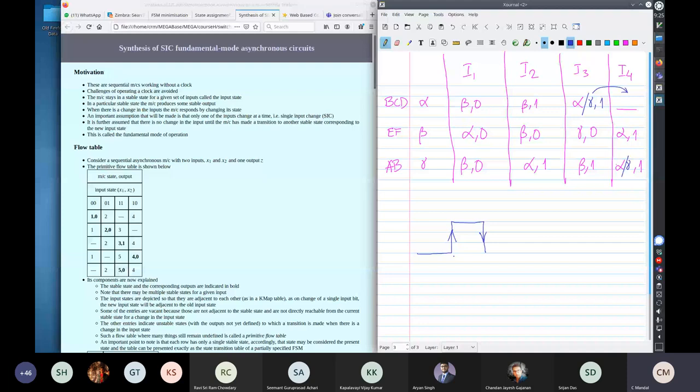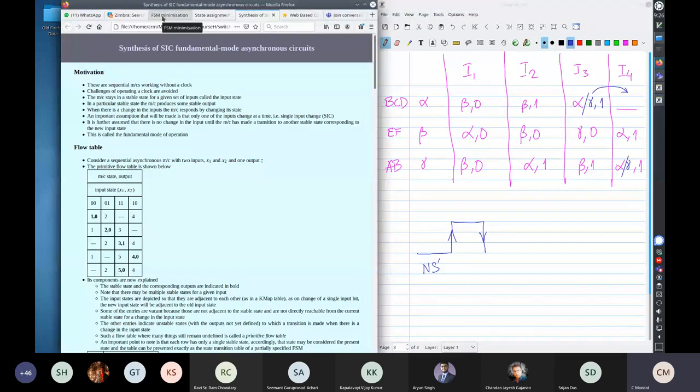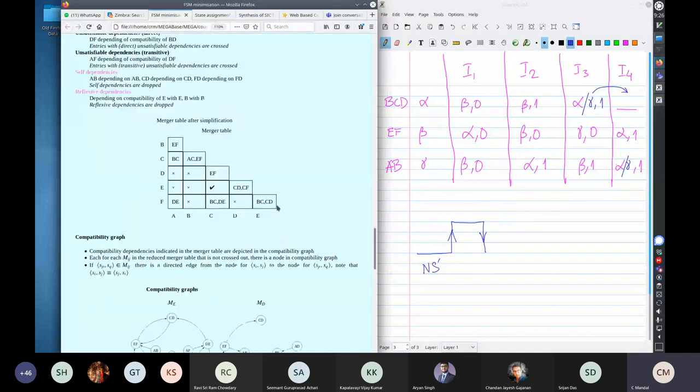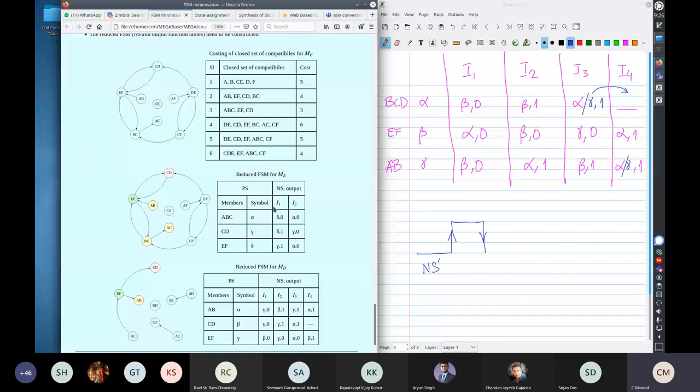What happens is your next state function, if I put a dash indicating the new value of the next state function, all those... If you look at this, one thing that we did not do, maybe we should do that.